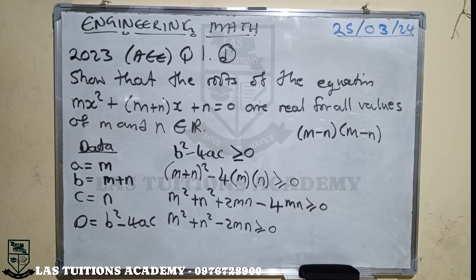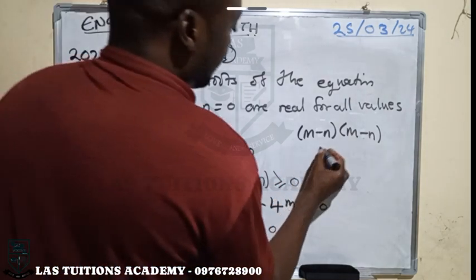That's what you're going to get, which is going to give you (m minus n) squared.